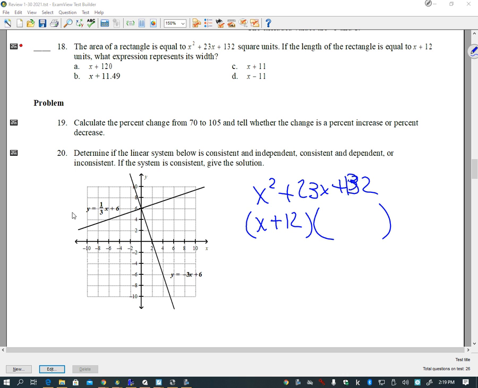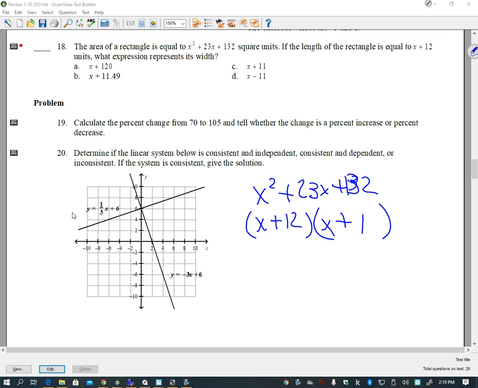Okay, well then the other factor has to go here, right? And if it's plus plus here, it's going to be plus what over here? Plus minus? You think so? Plus. So really all we're looking for is 12 times what is 132? Or all I really have to do is take 132 and divide it by 12.